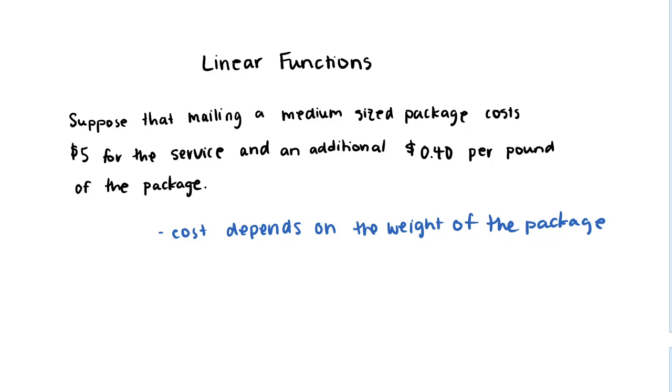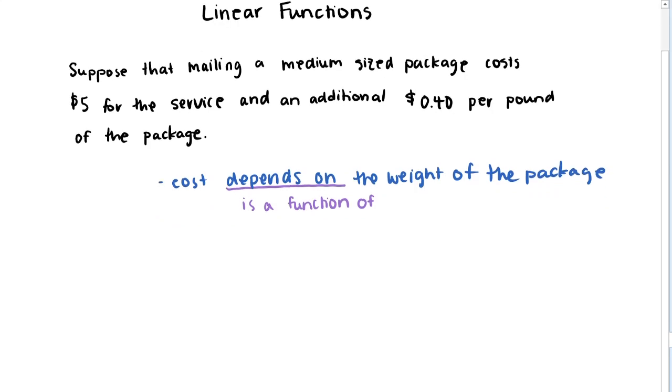And really this means that the cost is a function of the package's weight. All right, so here let's explore describing this function in different ways. But first things first, to really get a grasp of describing this function, we really ought to define some variables here.